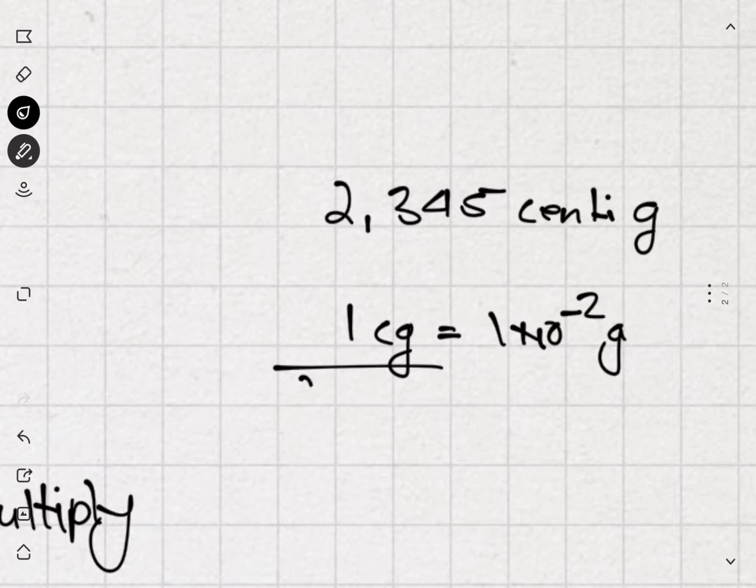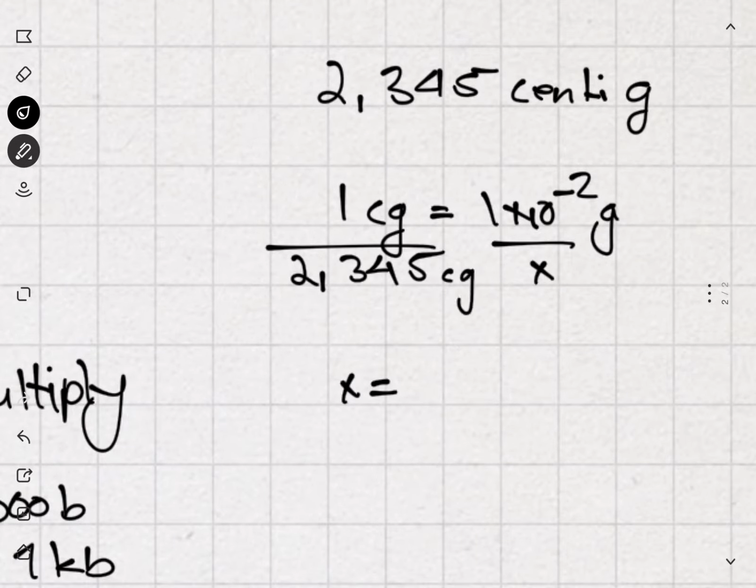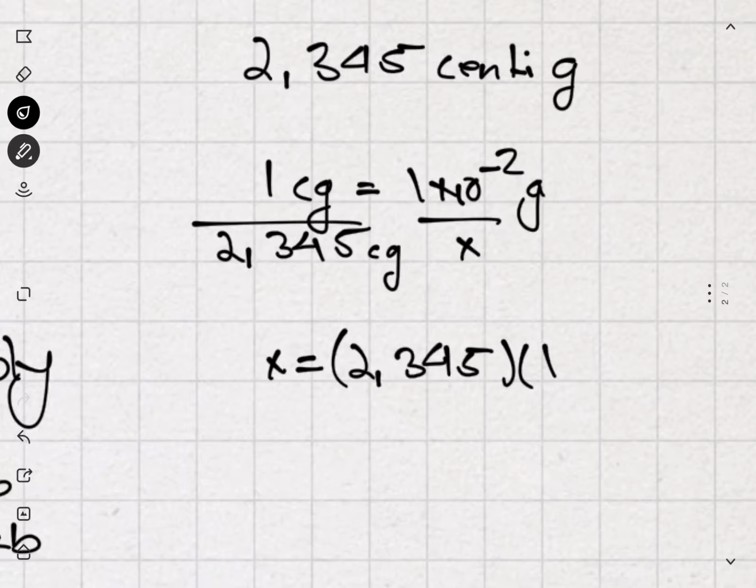You have 2,345. So how many grams is that? Well, x is just equal to 2,345 centigrams times 1 times 10 to the negative 2, all divided by 1.